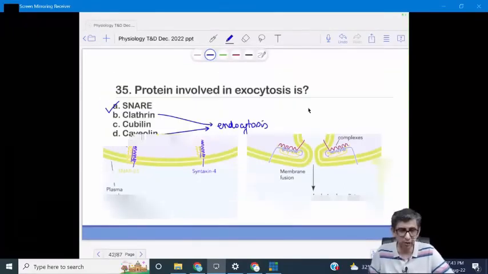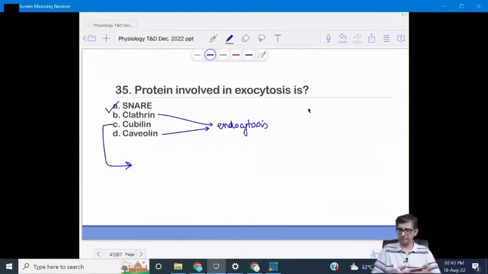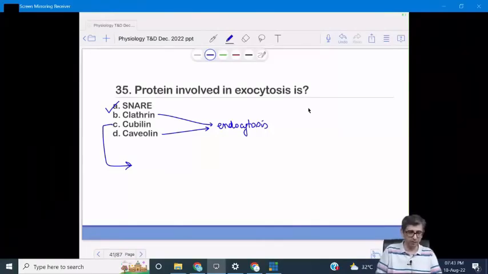ये भी बता दो, क्यूबिलिन बता दो. चलो मुझे क्यूबिलिन का फंक्शन क्या होता है? What is cubilin, by the way? Okay, syntaxin, again snare, syntaxin, they are interrelated terms. Synaptobrevin is what you were trying to say.